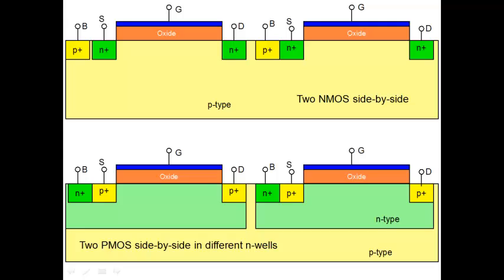We were looking at how we can of course make two NMOSes side by side on the same silicon wafer. We can make two PMOSes side by side. We can make, of course, an NMOS next to a PMOS as well.